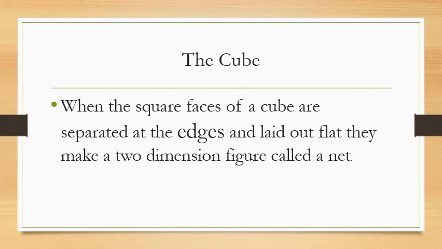So once the shape is laid out flat, it's called the net of that shape. The net of the cube, when it's laid out flat, is called a two-dimensional figure.